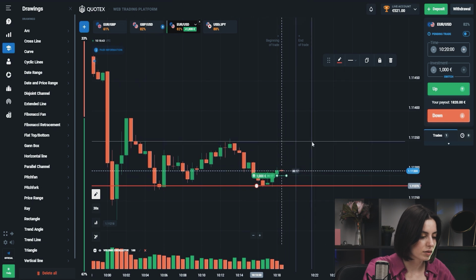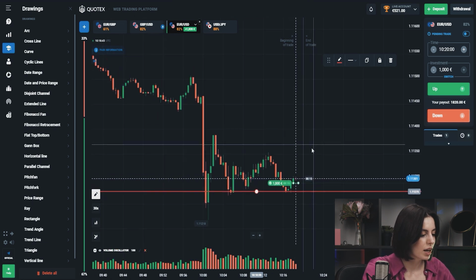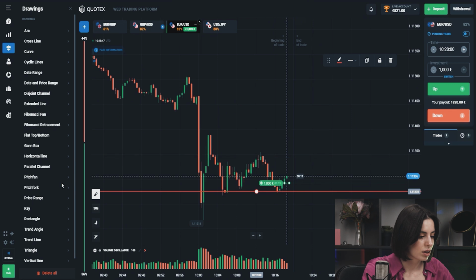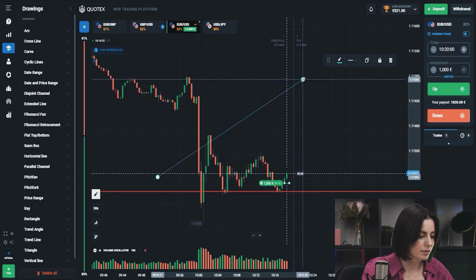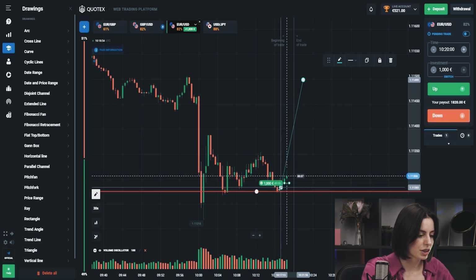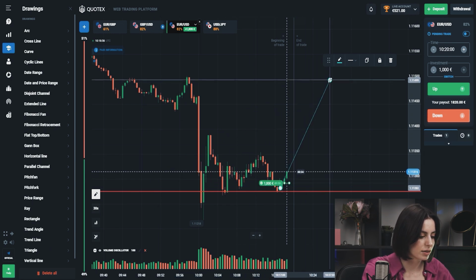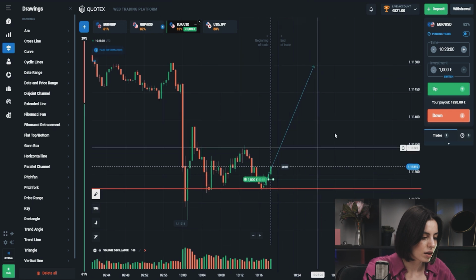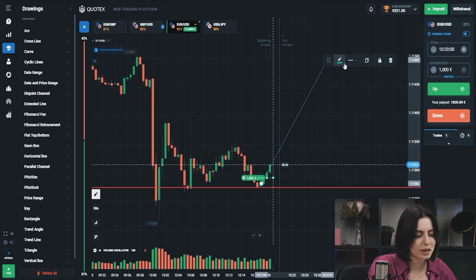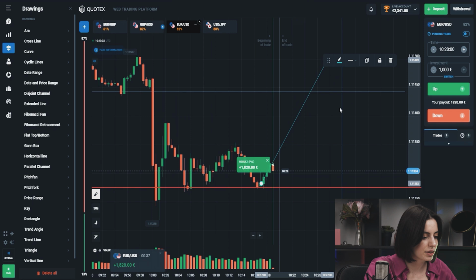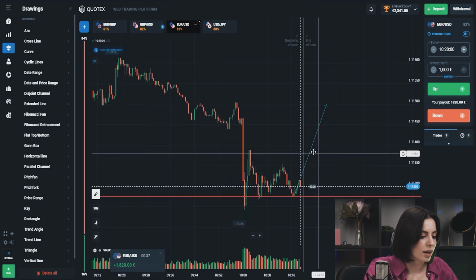Now we're going to see it closely here. We're going to draw a trend line again, a useful tool, making it like that, and just wait for it. It's perfectly seen here. Yeah, that was a profit.